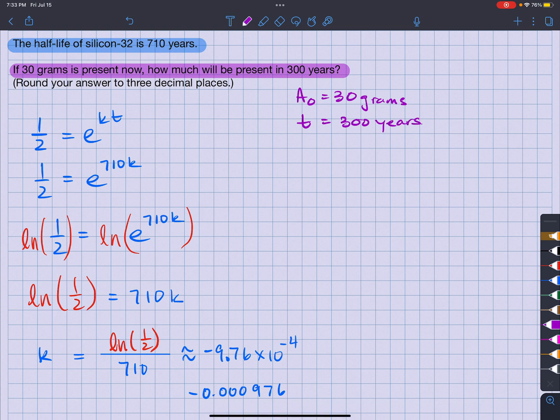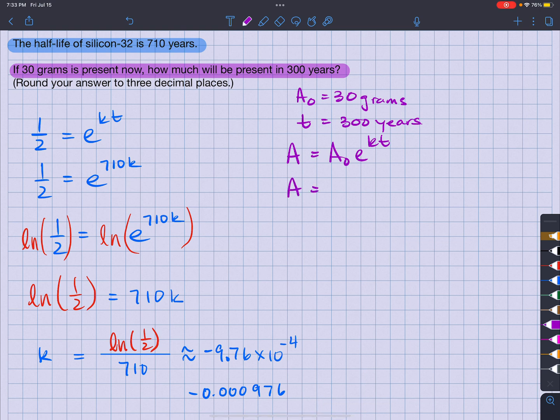In terms of growth and decay, this is going to be decaying because we're talking about half-life. So we use the formula A is equal to A naught e to the kt. We're looking for how much will be present in 300 years, so that clearly is the final amount.